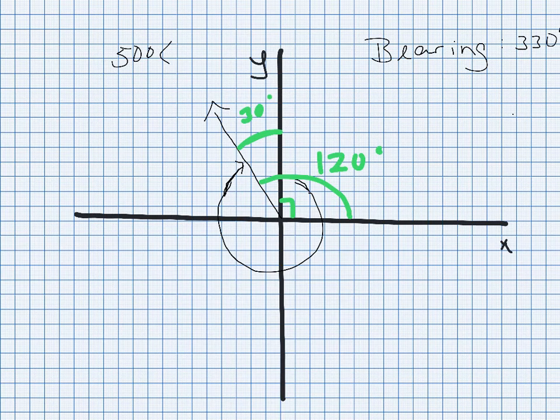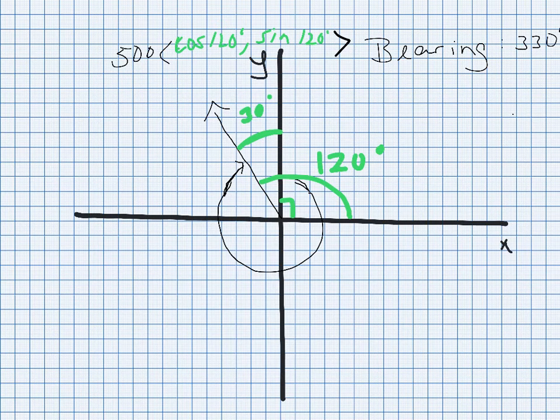And now that I have this angle, I have a unit vector that I can use to help. And what would that unit vector be? Well, remember, it's cosine of 120, comma, sine of 120. And that is my unit vector.